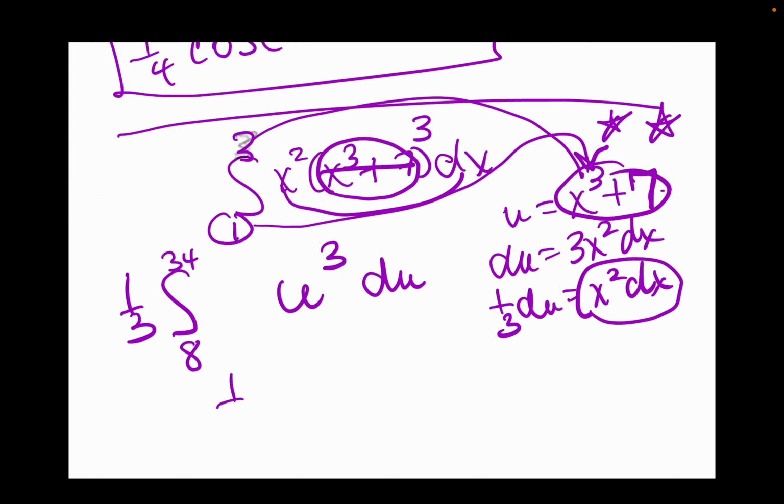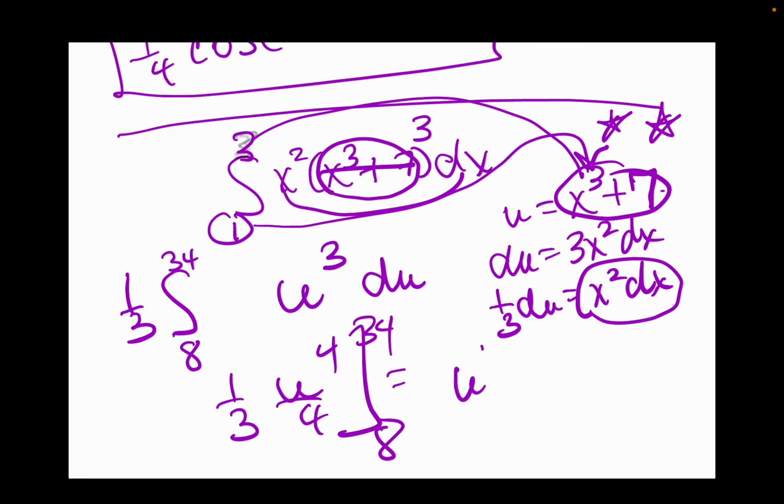But then I would say 1/3 u to the 4th over 4 from 8 to 34. Again, this is really big, but I'll show you another one. So I'm going to make this u to the 4th over 12 from 8 to 34. And then I'd have to fill in 34 to the 4th over 8. So let's change our limits of integration here. Sorry, I had forgotten to get that big, or didn't realize it.